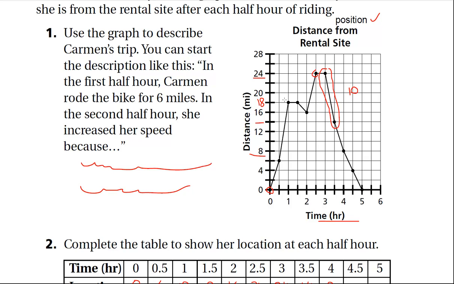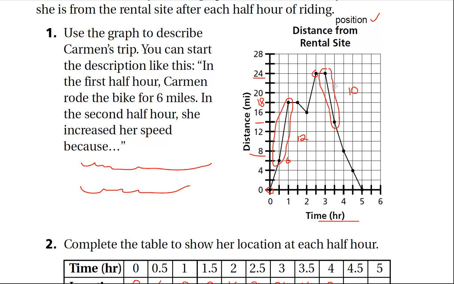But here she went from 6 all the way up to 18 right here. Alright, so she traveled from 6 to 18. That's a difference of 12.